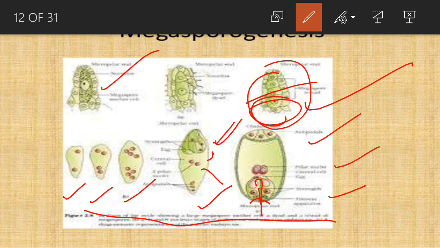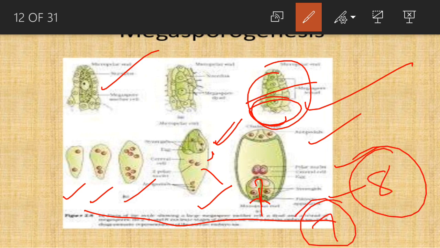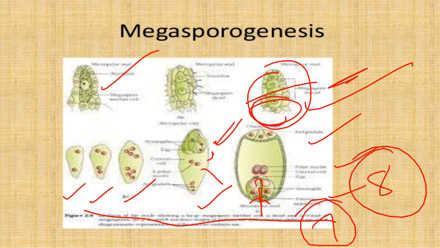So at this stage, the typical angiosperm embryo sac at maturity is 8 nucleate, but it is a 7-celled stage. The development of the embryo sac is also monosporic because it has developed from one megaspore.